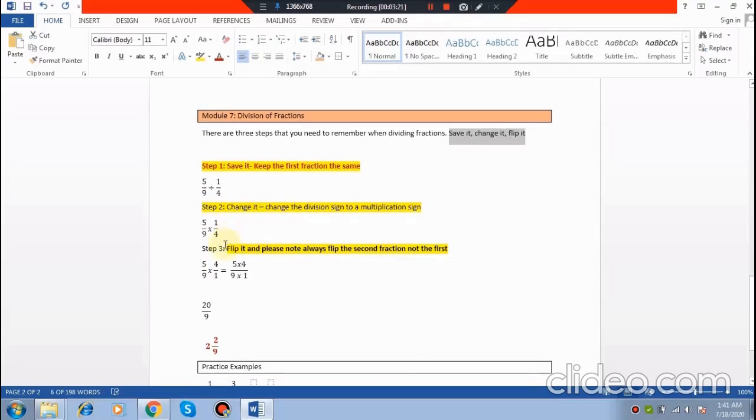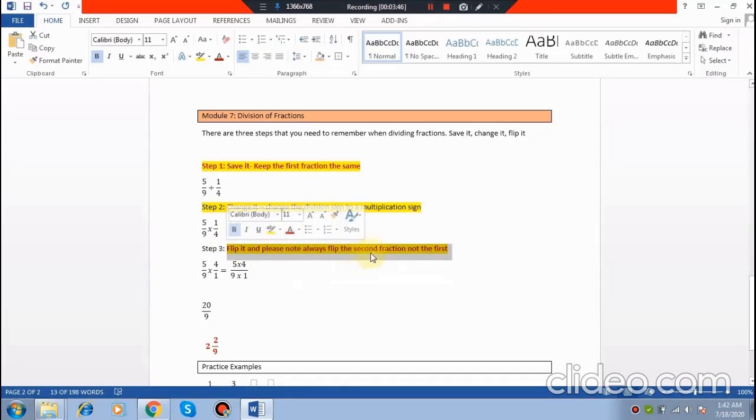Step number 3 now, flip it. What do they mean by flip it? By flip it, your numerator becomes your denominator, and your denominator becomes your numerator. Please note, we always flip the second fraction. I'll highlight that again, probably in red this time.